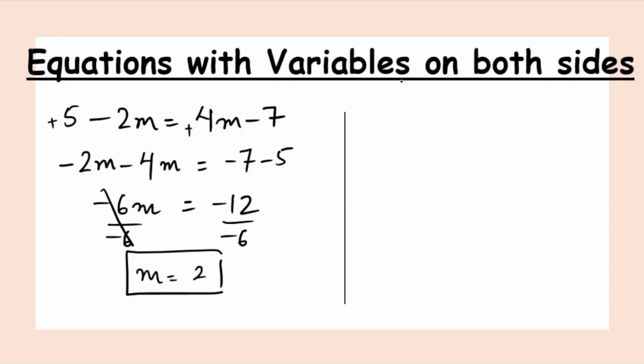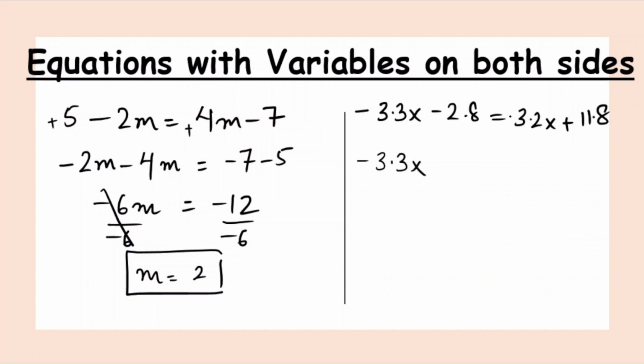Let's take one more. Let's take a decimal one. So negative 3.3x minus 2.8 equals 3.2x plus 11.8. So let's bring all the x on one side. So minus 3.3x. This 3.2 is plus.